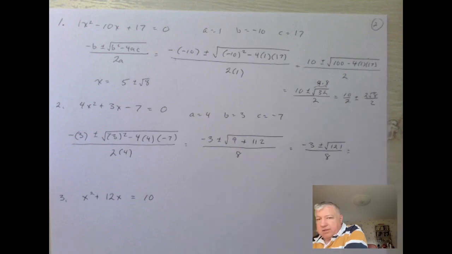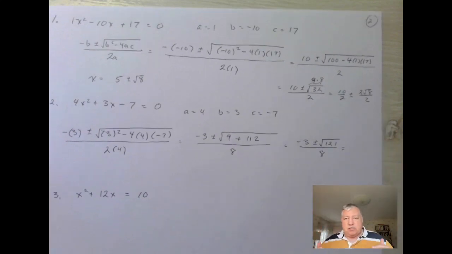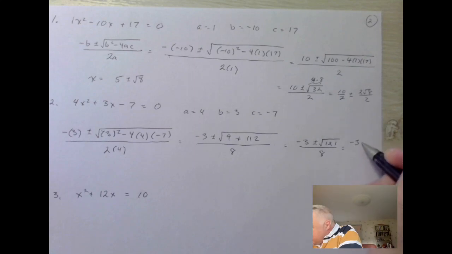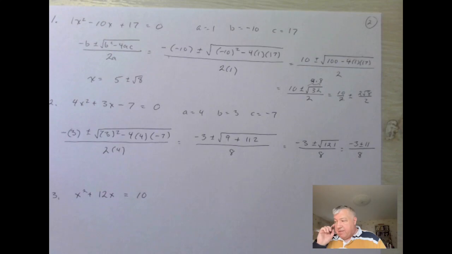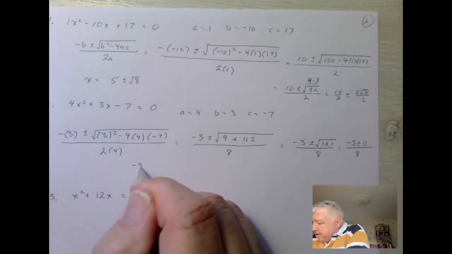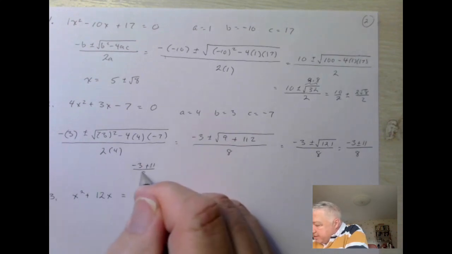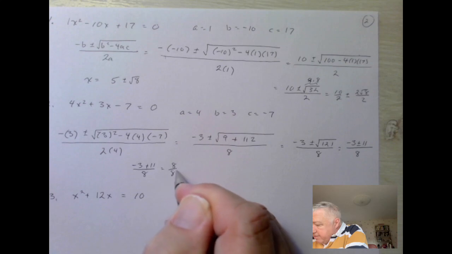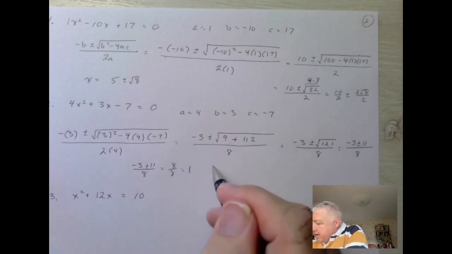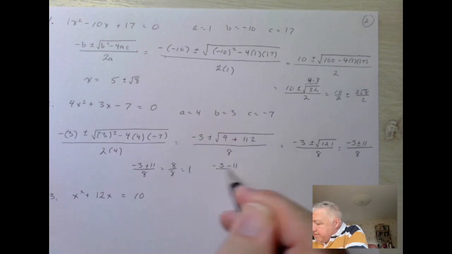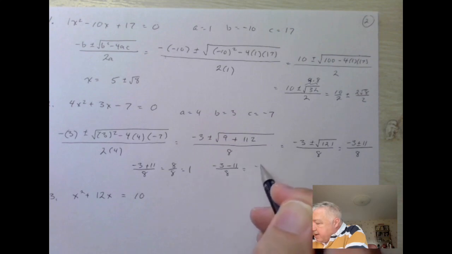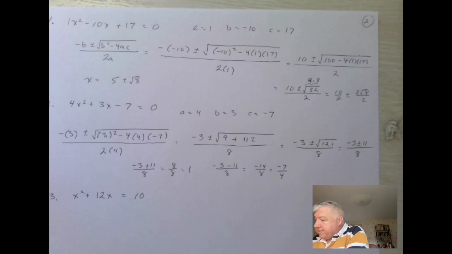And we're kind of in luck because the square root of 121 is 11. Okay, we won't always be able to simplify this far. So if we take the plus one, we'll get negative 3 plus 11 divided by 8. Well, that's 8 over 8, that's 1. And negative 3 minus 11 over 8 is negative 14/8 or negative 7/4.